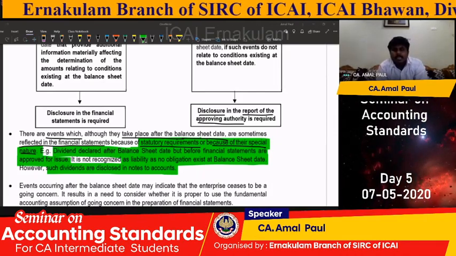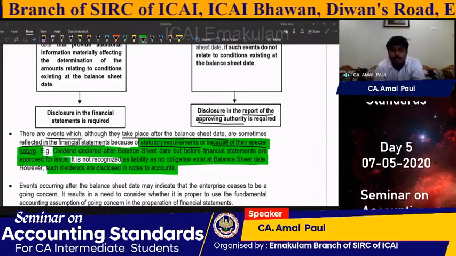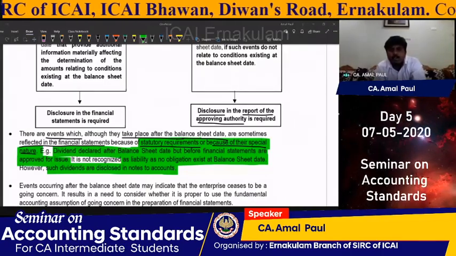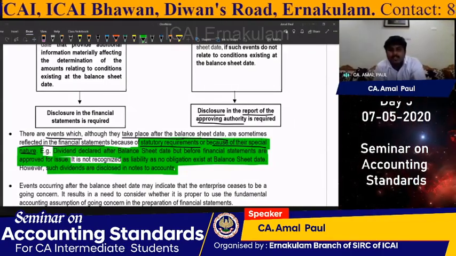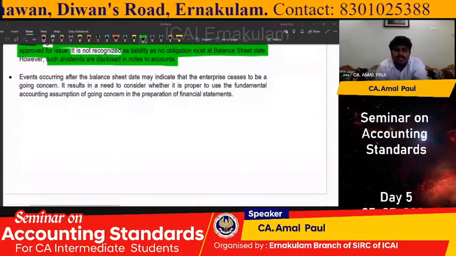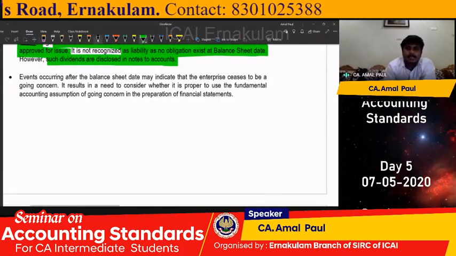Clear? Next, there is an exception to this general rule also, which takes place when it comes to going concern. That comes into the picture when the going concern assumption is affected.